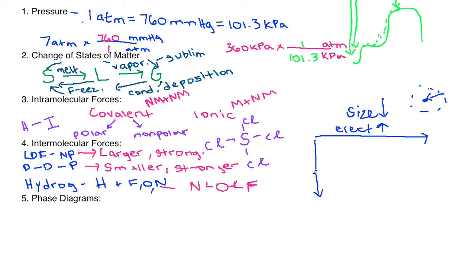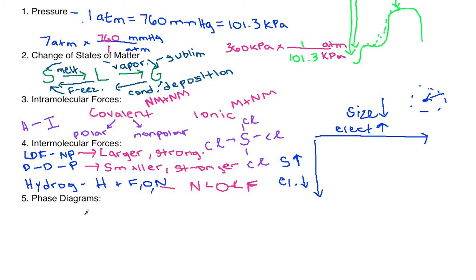While as I move down the periodic table, the size increases, and the electronegativity decreases. So they're inverses of each other. So that makes sense. For LDF and dipole-dipole, therefore you can compare size. The farther it is on the right, the smaller the size. The lower down it is, the larger the size.